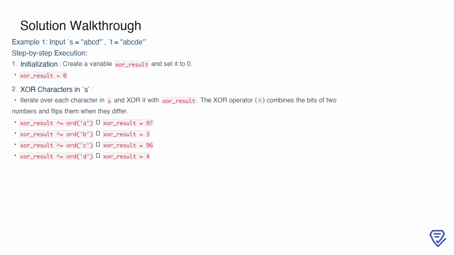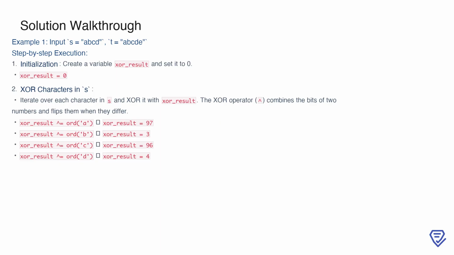To solve this problem, we start by initializing a variable called XOR_result and setting it to 0. This variable will help us track the cumulative XOR of the ASCII values of the characters in both strings s and t. Next, we iterate through each character in string s. For each character, we calculate its ASCII value using the ord function and XOR it with the current value of XOR_result.